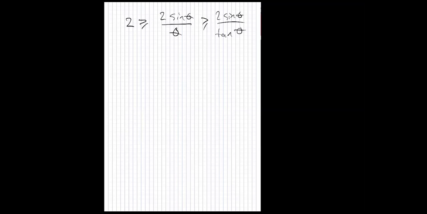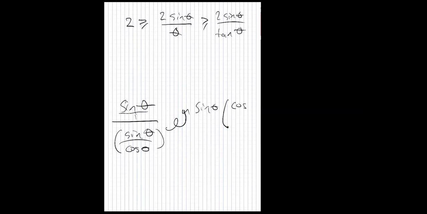Well, what is sine of theta over tangent of theta? Well, that's sine of theta over sine of theta over cosine of theta. So again, I flip the bottom and multiply. I get sine of theta times cosine of theta divided by sine of theta. And so all of this is just 2 cosine theta.